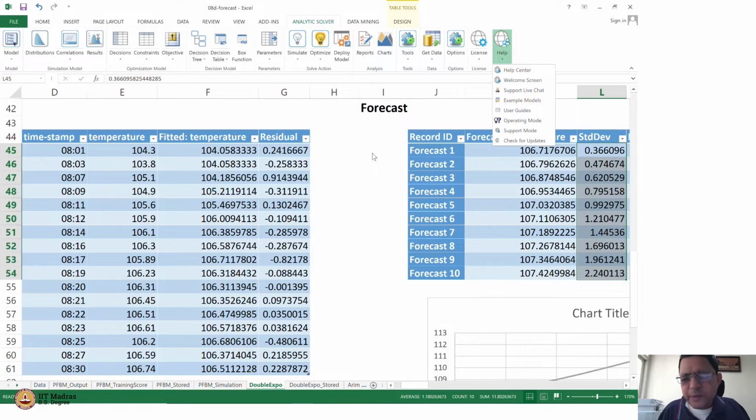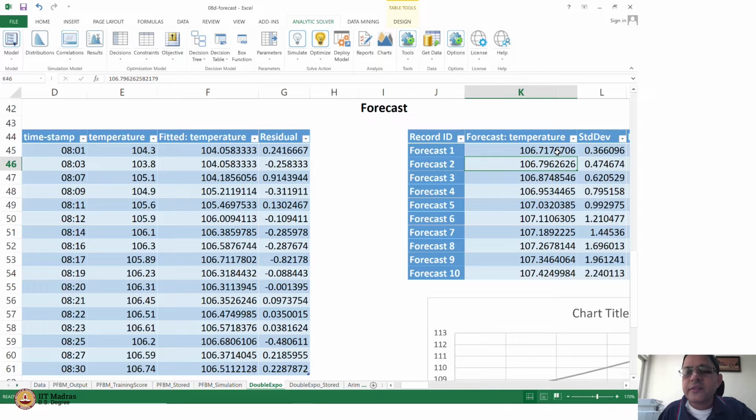The mathematics was already explained in the previous session, so let's not get bogged down with mathematics. Let's get into some nice results. These are forecasts and these are the available errors with these forecasts: 0.366, 0.474, 0.62, 0.79 and all that.